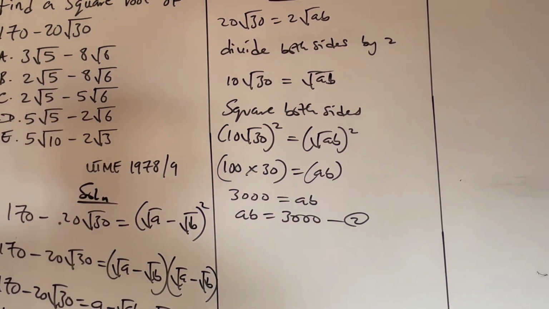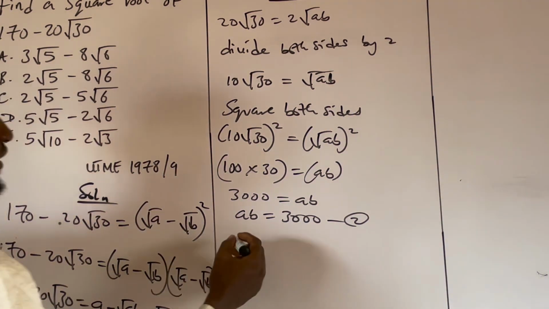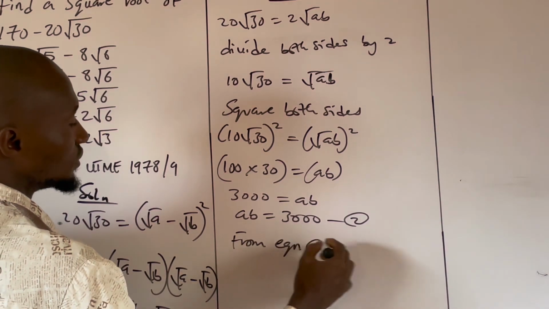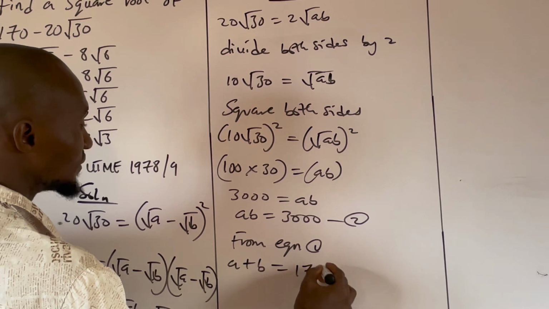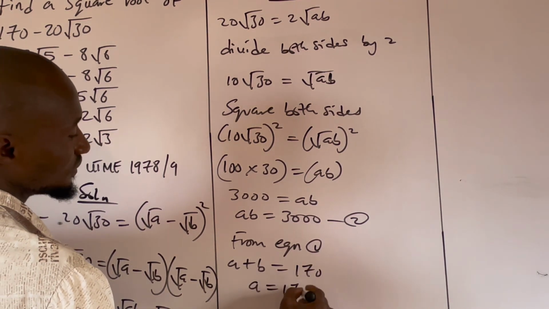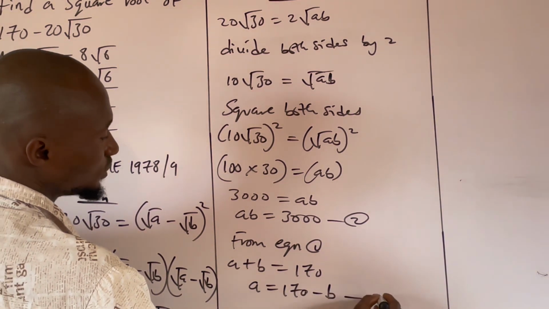Now from equation 1, we have that A plus B is equal to 170. So A is equal to 170 minus B. Call this equation 3.